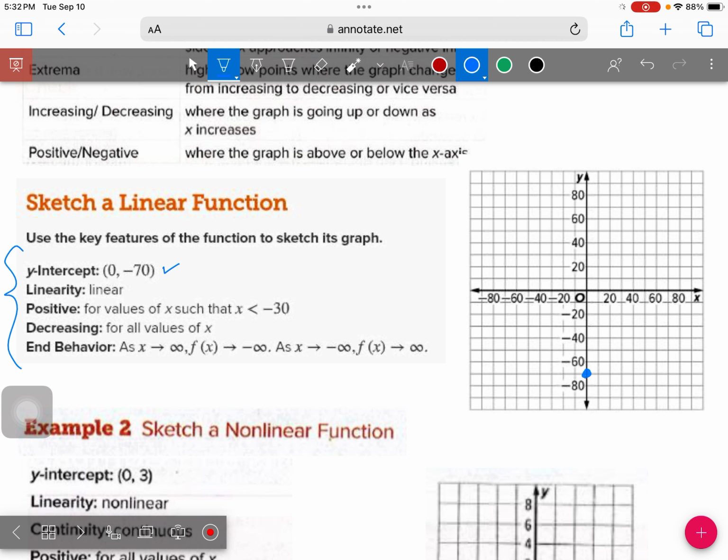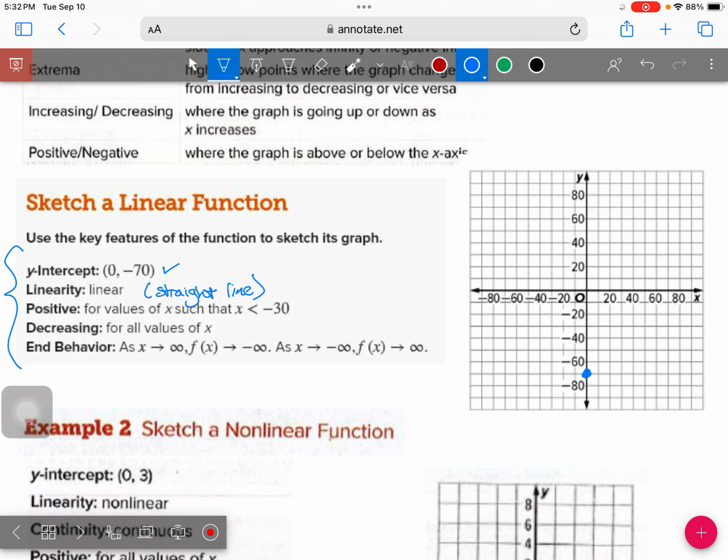Linearity, it says it's linear. Well, what does that mean if it's linear? That means it is going to be a straight line. Okay? So a straight line. Positive. It's positive for values of x such that it's positive when x is less than -30.